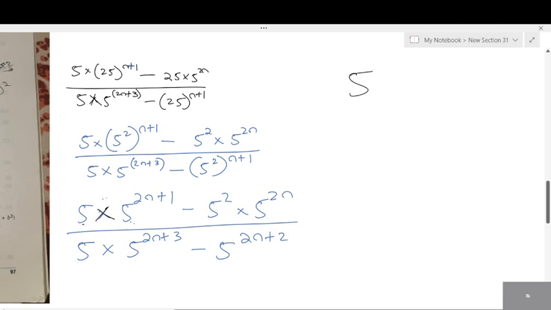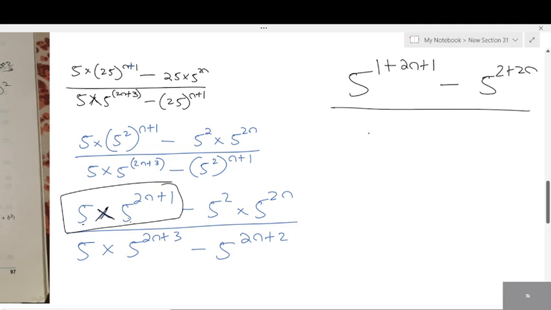What is the power for these two? 1 plus 1 minus. For the next one, 2 plus 2n. Abigail, whenever the base is same, if multiplication is given, what did we do? Add or subtract? Add the powers. If division is given, you have to subtract the powers.